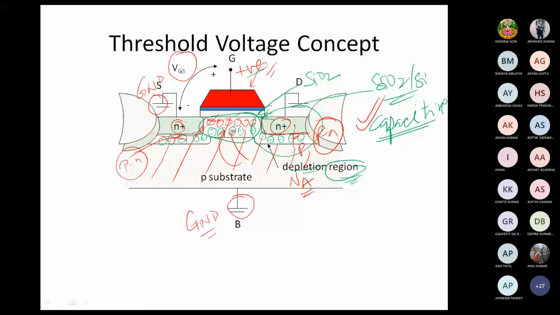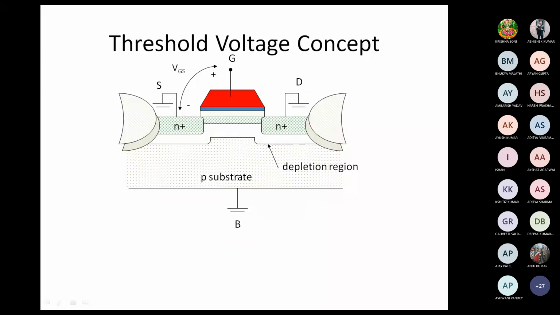So this is the thin layer of electrons. That is what we call the channel. This is the n channel which is formed now.